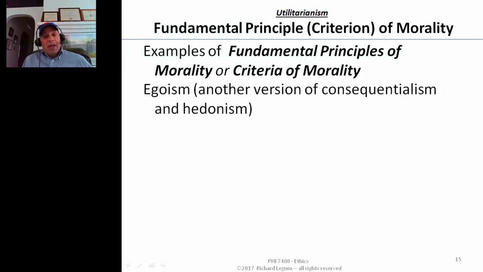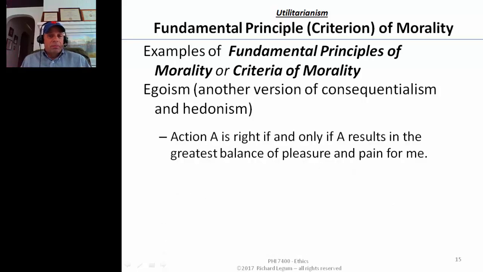And egoism, as you can tell from the name, is based on the idea that the only one for whom the pain and pleasure of the consequences count in deciding if an action is right or wrong is the person himself, me or you.